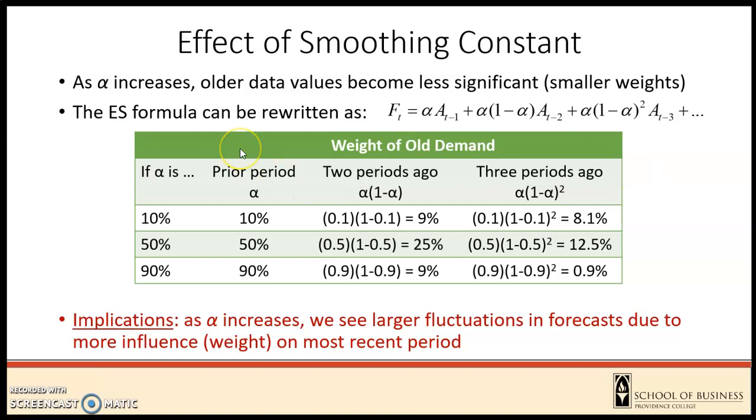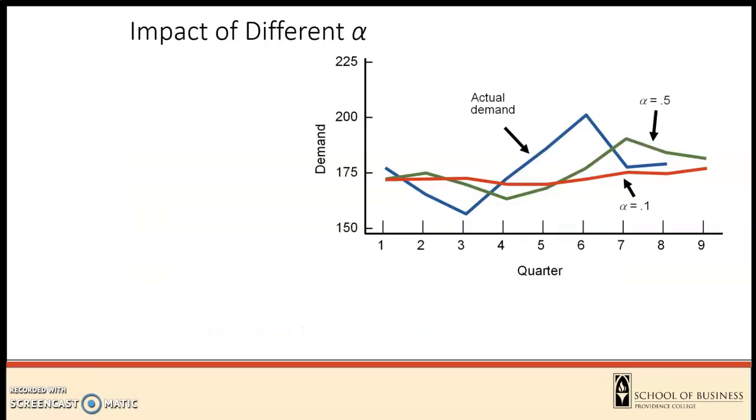But anyway, let's go back to my car example and take a look at how that would change based on different alphas. We're doing demand by quarter, and this is the curve of my actual demand, and once again, we've got this great red-green thing going on. This red curve is my alpha of 0.1. What does that mean?